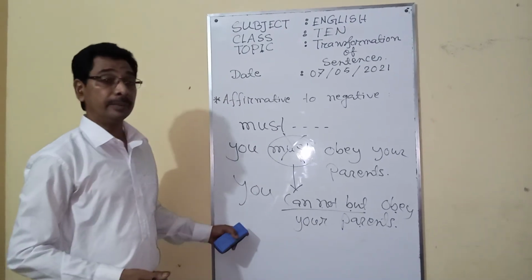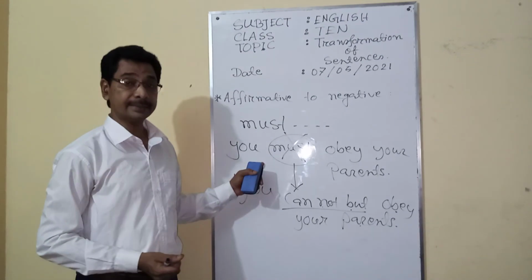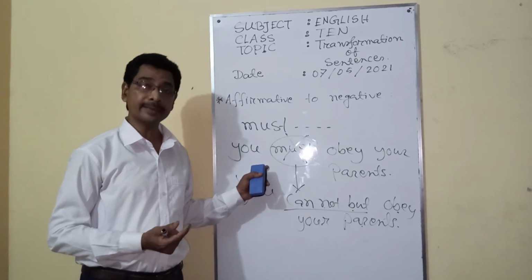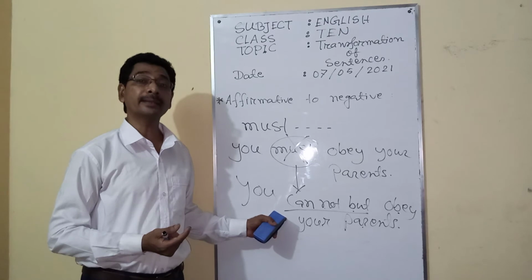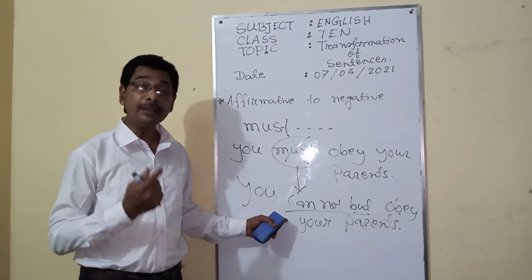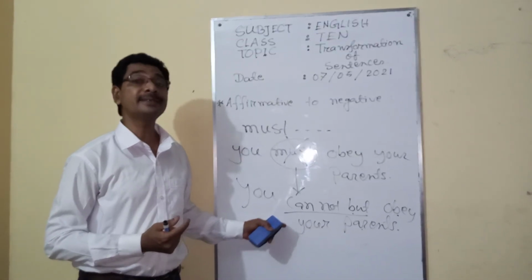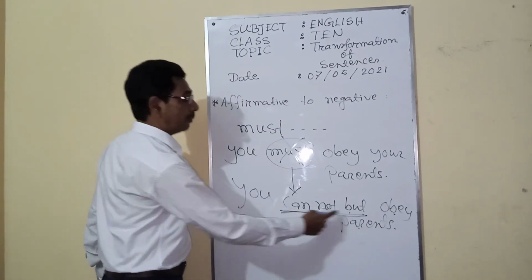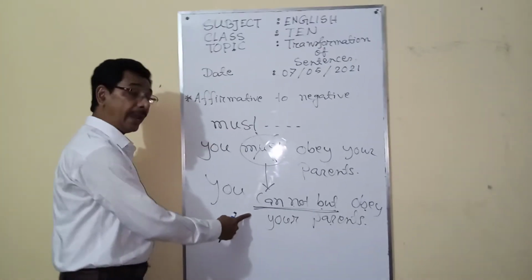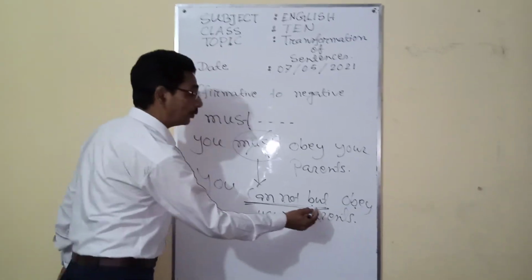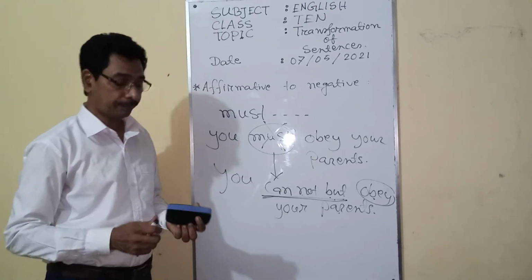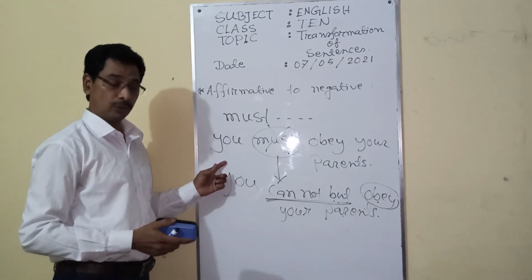In a sentence including must, you can make the negative in 2 ways: one is cannot but, another is cannot help. If you write cannot but, this is easy, you directly write you cannot but obey your parents. If you add cannot help, then you have to add ing after the verb. This is an important rule.